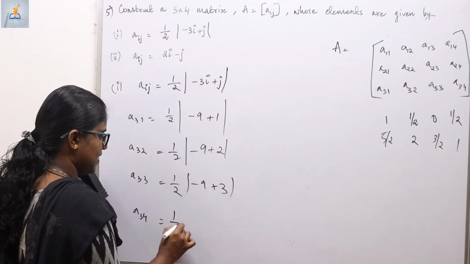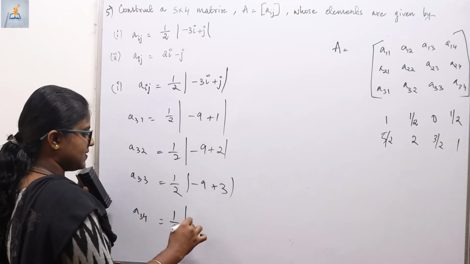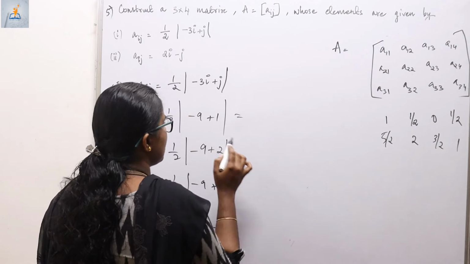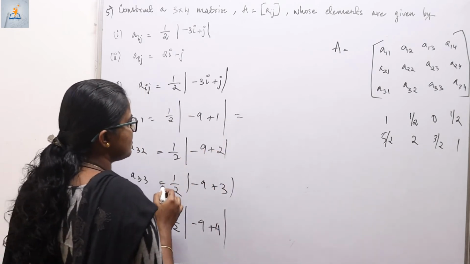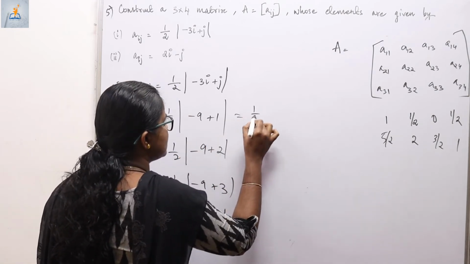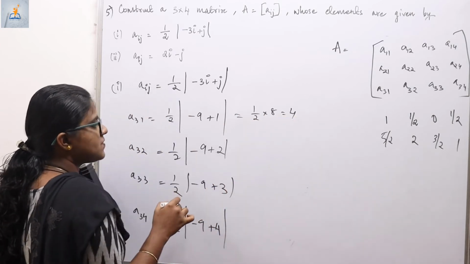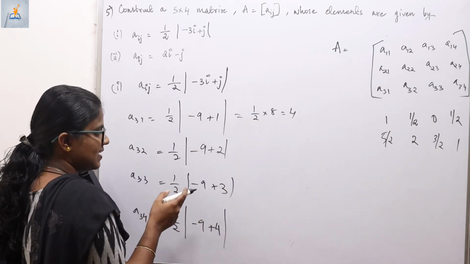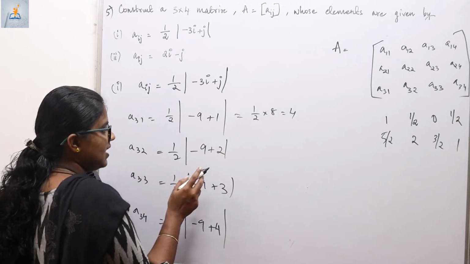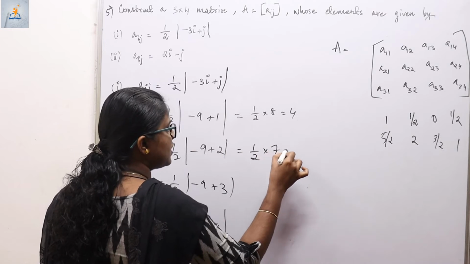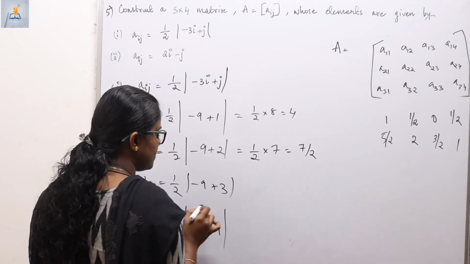And in this case half times negative 3i is again negative 9 plus 4. So simplifying, we have negative 9 plus 1 is negative 8, and the modulus is 8. So half times 8, that is 4. Negative 9 plus 2 is negative 7, and when it is taken modulus, it is 1 by 2 times 7, that is 7 over 2.